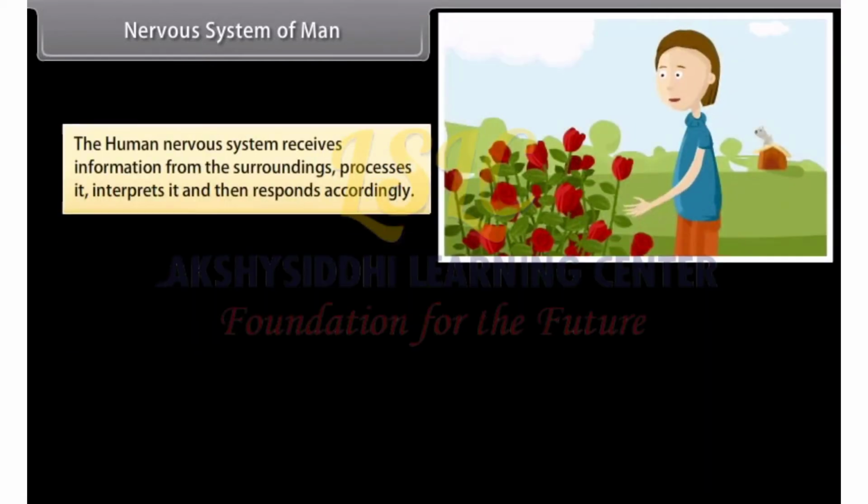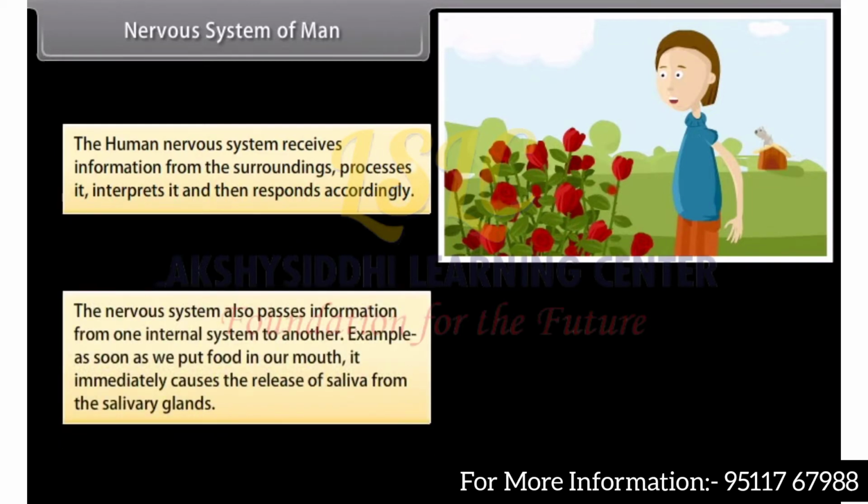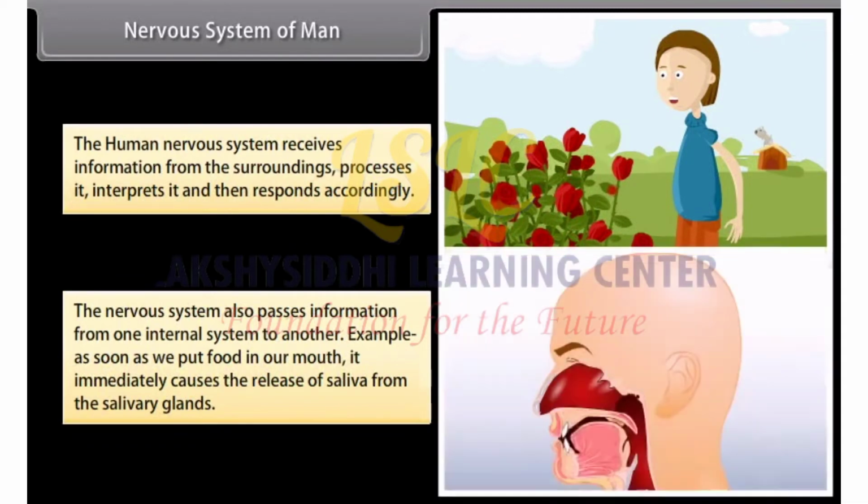The human nervous system receives information from the surroundings, processes it, interprets it, and then responds accordingly. The nervous system also passes information from one internal system to another. Example: as soon as we put food in our mouth, it immediately causes the release of saliva from the salivary gland.